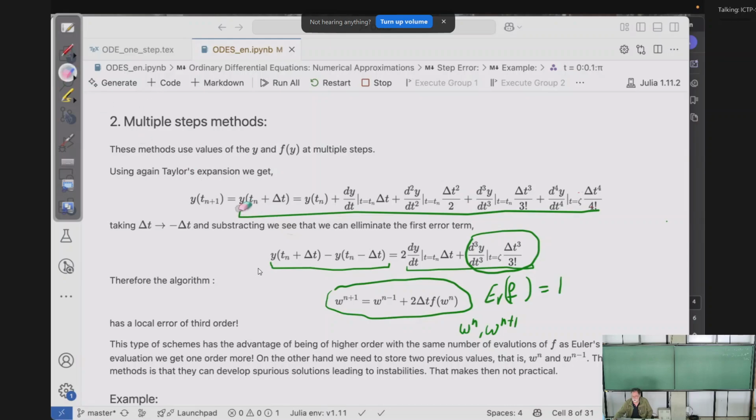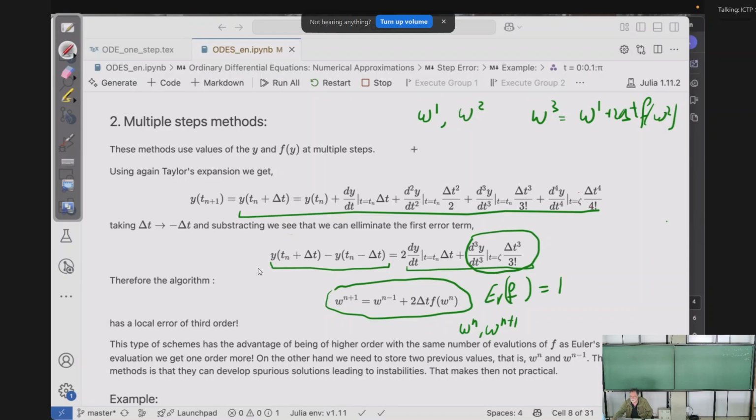But this is not the main problem with the multi-step methods. The problem is that notice that when you start this method, you wanted to have omega 1, but for this method to work, you need omega 1 and omega 2. Because omega 3 will be omega 1 plus 2 delta t f of omega 2. So to start, you need 2 points.